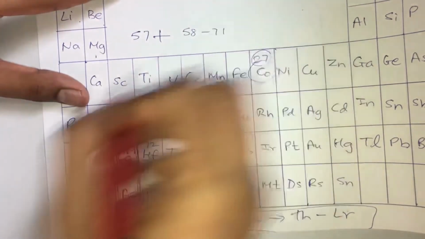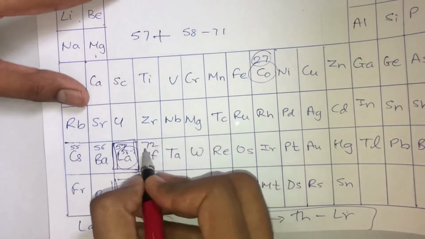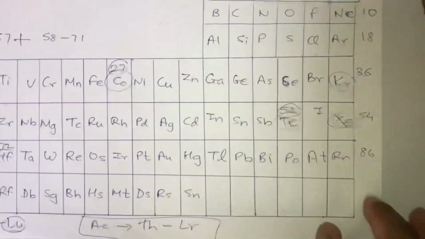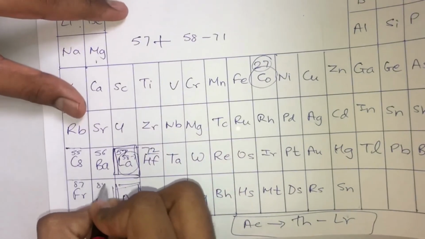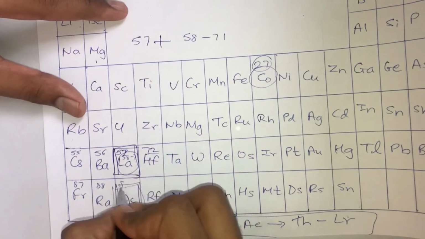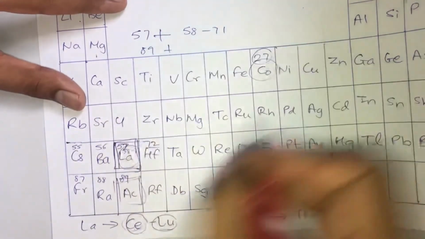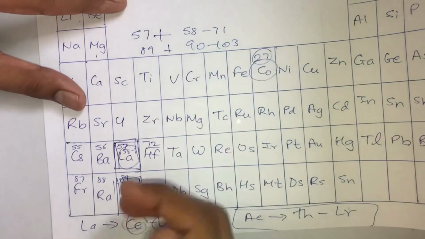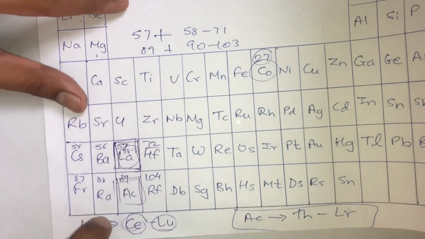So when you move to after lanthanum, you need to start with 72. Am I right? Similarly here after 86 you need to go over here 87, 88, and here not only 89 but elements with 89 plus 90 to 103 are present over here. So when you start with Rf, you have to start with 104. So just keep these things in mind. Don't make mistakes over here. Okay.